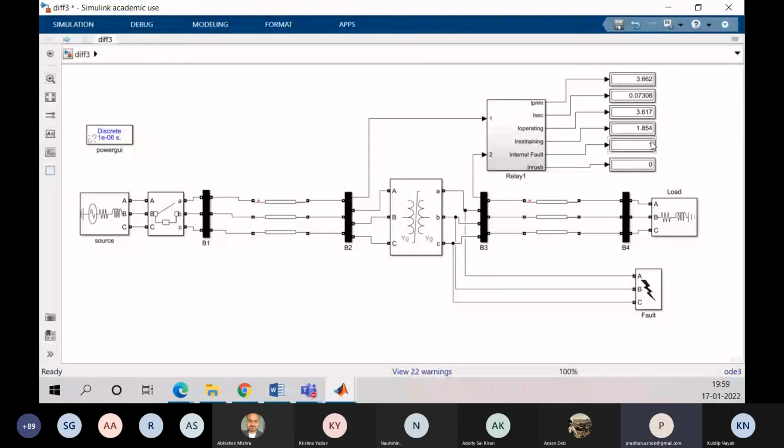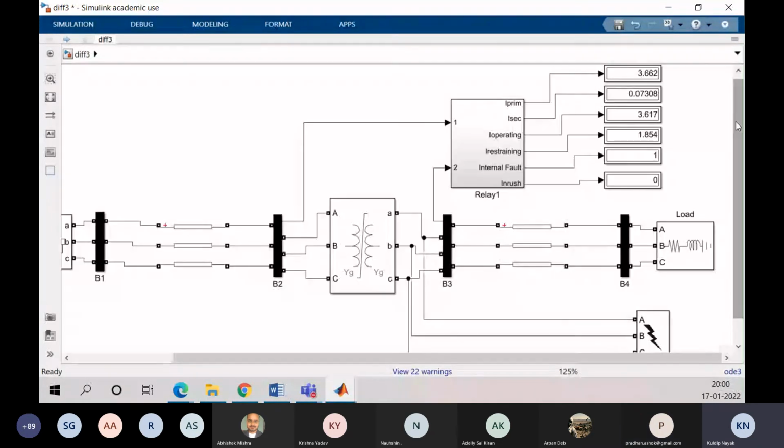Here it is 1, 0, no inrush, and internal fault 1. See here the corresponding currents, which side is what? Can you read the currents, Kuldeep? Sir, primary side it is 3.662, and the secondary side it is 0.07308.